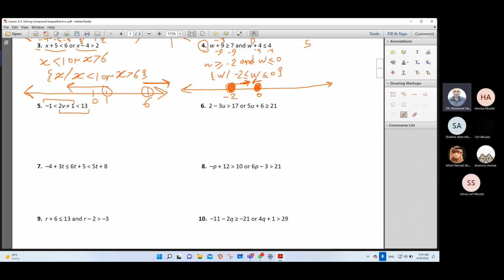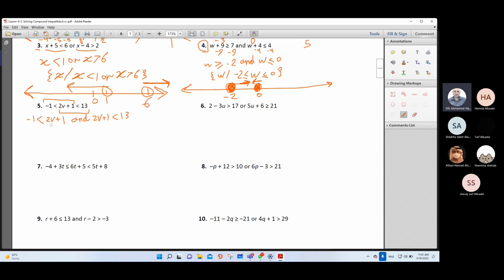So the first part, we have negative 1 less than 2v plus 1, and the second part, we have 2v plus 1 less than 13. Then we can do the same previous operations. We can solve the first inequality and the second inequality.